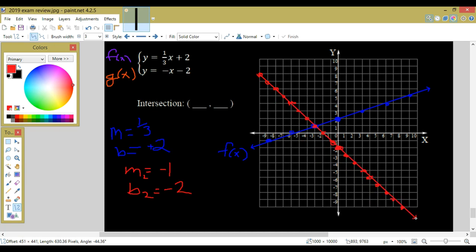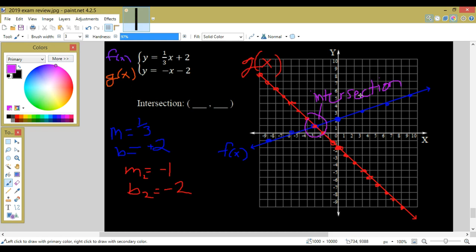So if we connect these points, that's our g of x graph. This is our intersection. So that coordinate point is x is negative 3 and y is 1. It went left 3 and up 1 from the origin. So that's the solution to our system of equations.